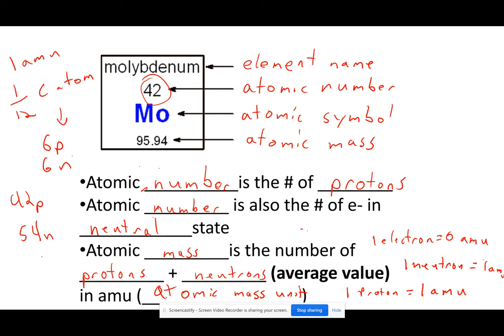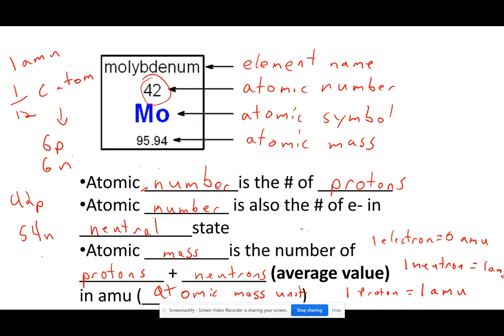You don't really need to know the details on that, and you will probably learn more about that in chemistry. But for now, all I want to say is that you do need to know that protons and neutrons are the only components that have mass. Their mass is about 1 AMU, and electrons in comparison have almost no mass. We're going to say it's 0 AMU.